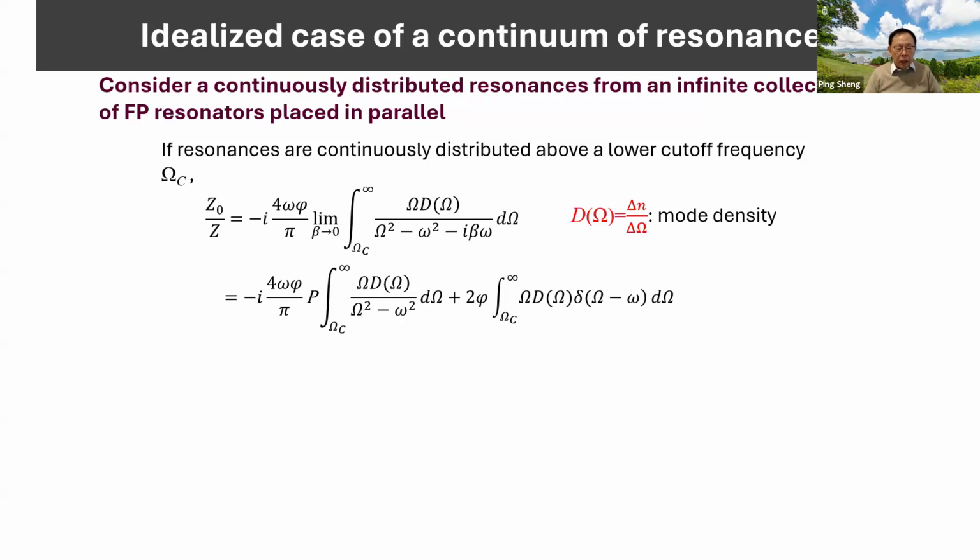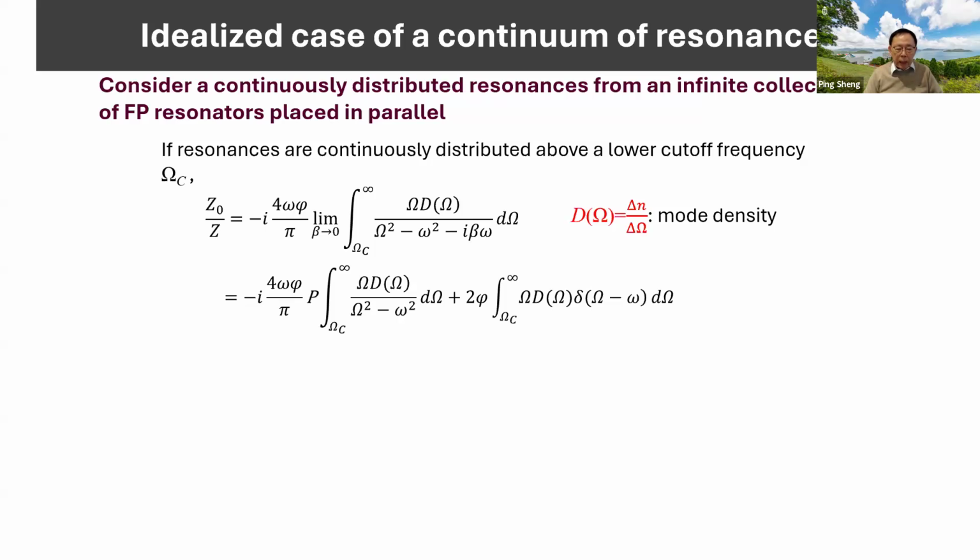So it has a big omega squared minus little omega squared as the denominator. So the first term, the integral, has an integrand that's oscillating. Okay, it's oscillating.